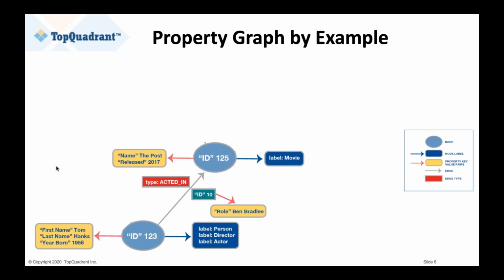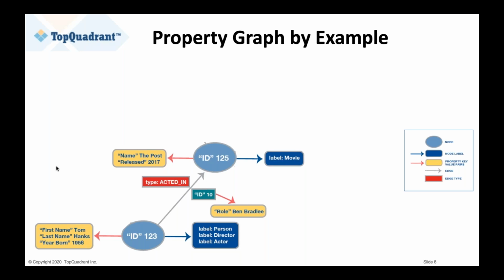Then you have another node up above, 125, and that represents Post, and that's the movie. You see that from the label. And then finally, there is a connection, an edge between them, and that edge has an ID as well, and it has a type. Now this is a little different. Sometimes those types are similar to labels on a node. Sometimes they call them types. Sometimes, for example in Microsoft Graph, they are not called types, they call them something else.